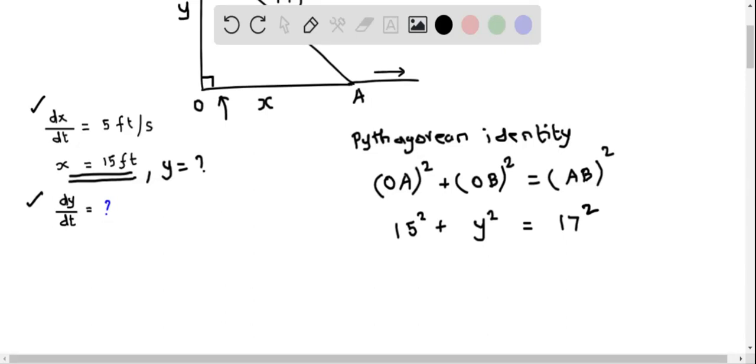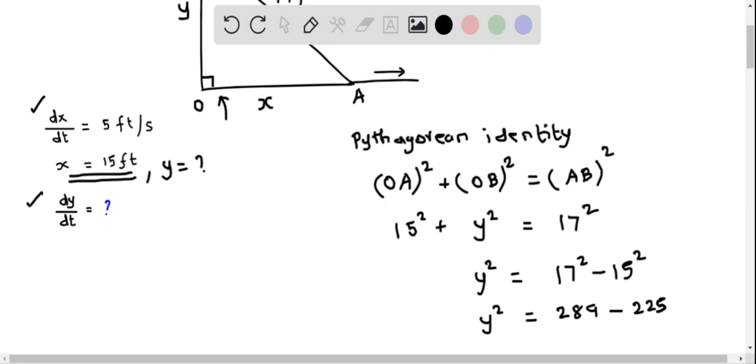Now let's calculate y from this. So first I solve for y squared, and this equals 17 squared minus 15 squared. Let me plug it into the calculator. 17 squared is 289, and 15 squared is 225.